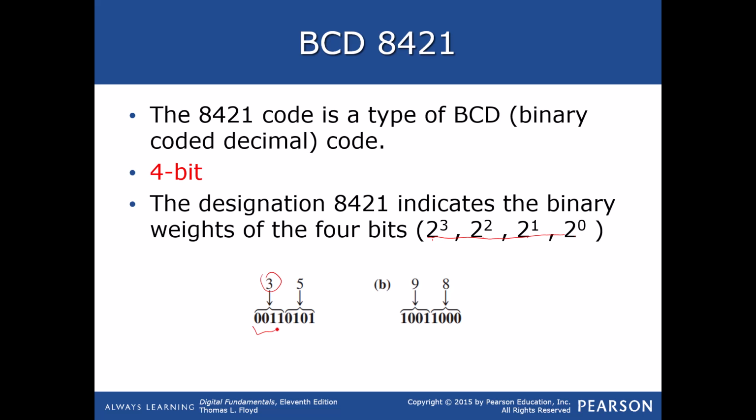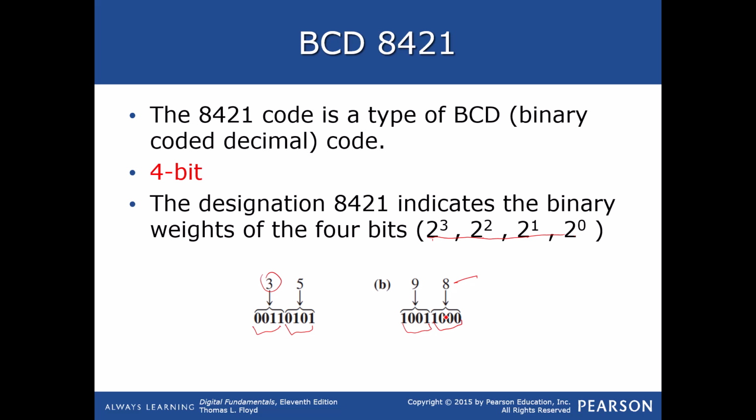You see it's 4 digits representing the 3 and 4 digits representing the 5. And if I have 98, I just write 9 and next to it 8. This is easier than converting the number into binary, which can be a lengthy process. At least as far as humans are concerned.